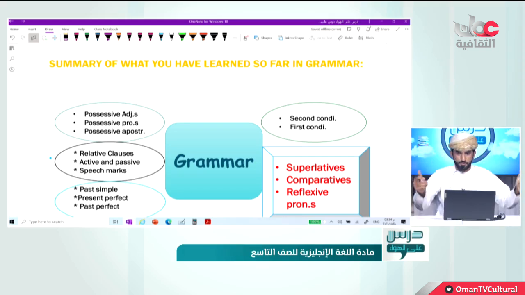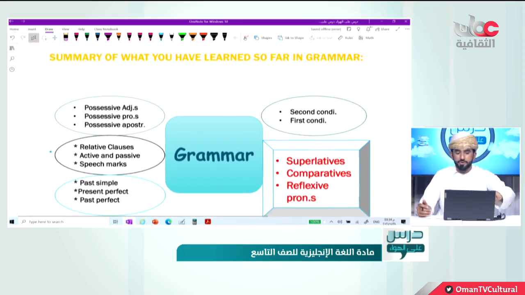Okay? Ready? Good. Do you remember the possessive adjectives Mr. Ismail taught you? I'm going to give you this example: This is my book. This is my book. When we talk about "my", it's a possessive adjective.